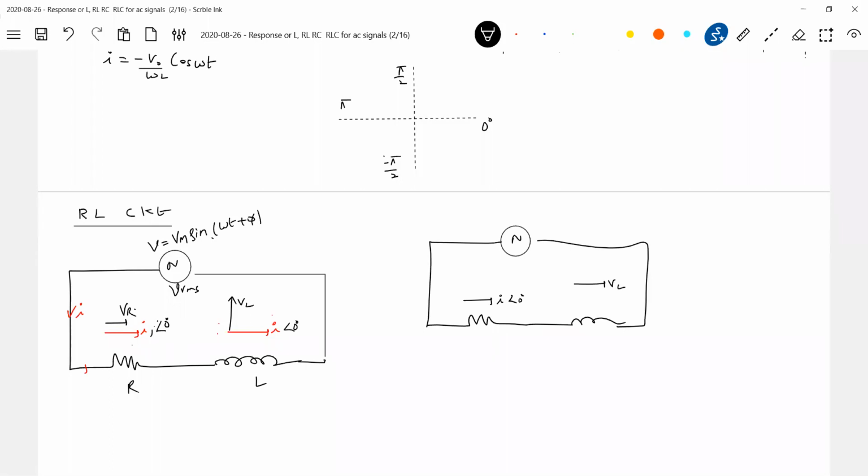So what's wrong if I show it like this here? It's correct, no? Nothing wrong. We know across the inductor, current should lag the voltage by 90 degrees. But look at this. I'll connect ammeters here and here. Both ammeters will read the same current and the phase angle will be the same.